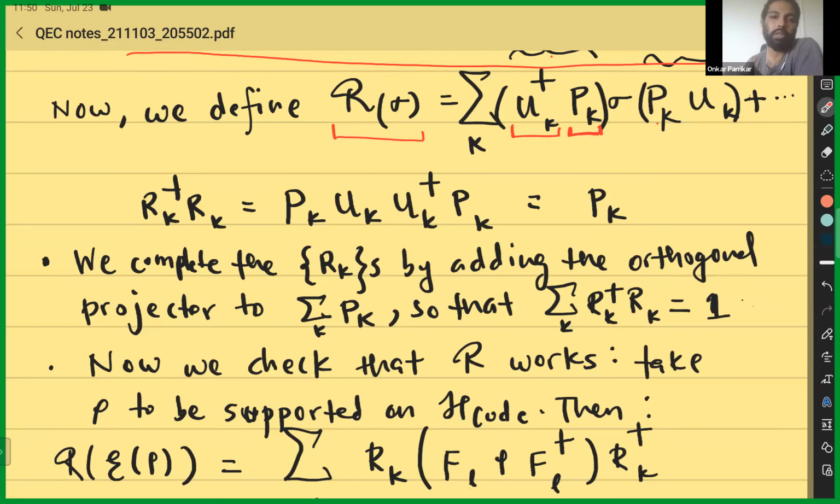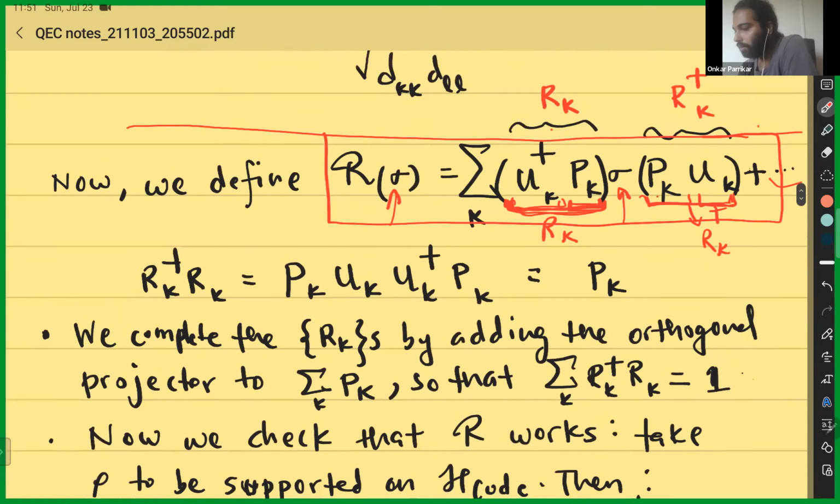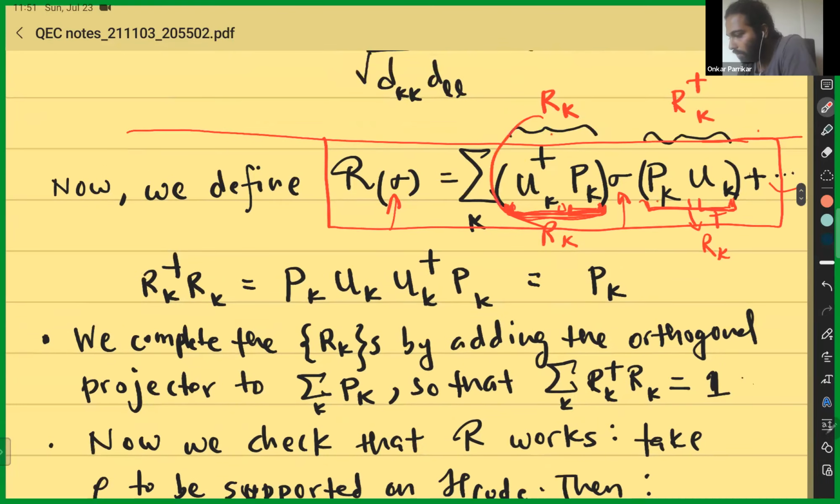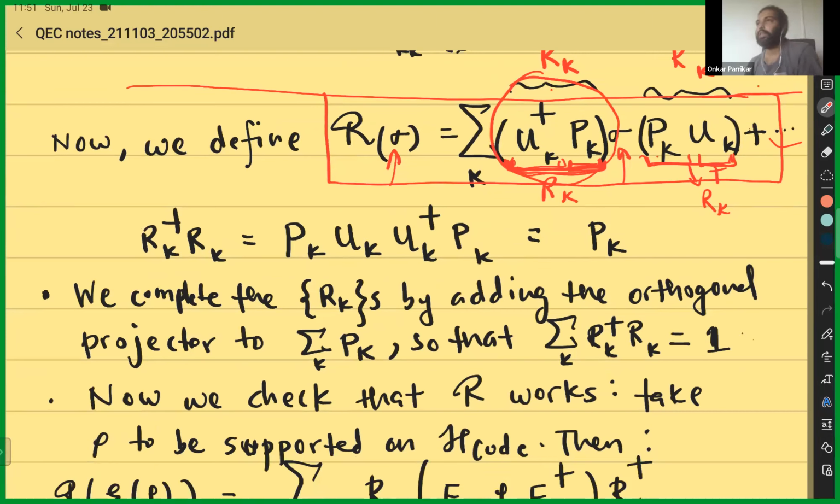So these RKs that we've defined, RK is just UK dagger PK. You can think of this as a Krauss operator for the recovery channel. Remember from last time's discussion, we said that you can give the action of a channel by just specifying its Krauss operators. So what I'm giving you here are the Krauss operators for the recovery channel.